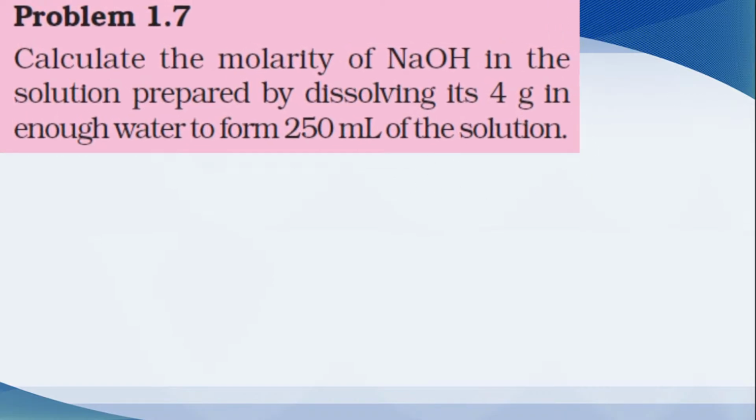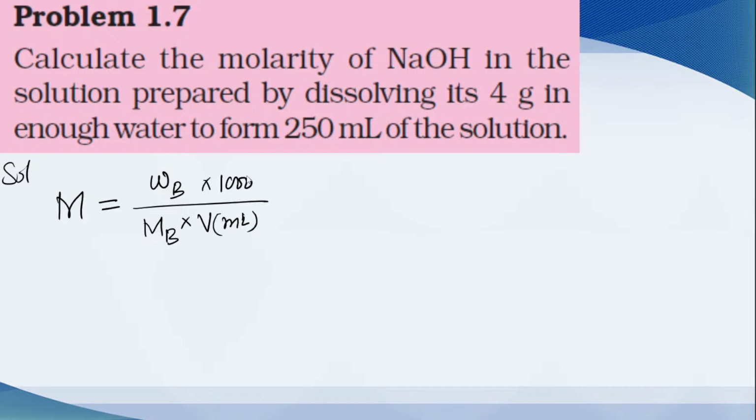Calculate the molarity of sodium hydroxide in the solution prepared by dissolving 4 gram in enough water to form 250 ml of the solution. First we write the formula: molarity M is equal to mass of solute over molar mass of the solute into volume of solution, if it is in ml, into 1000.